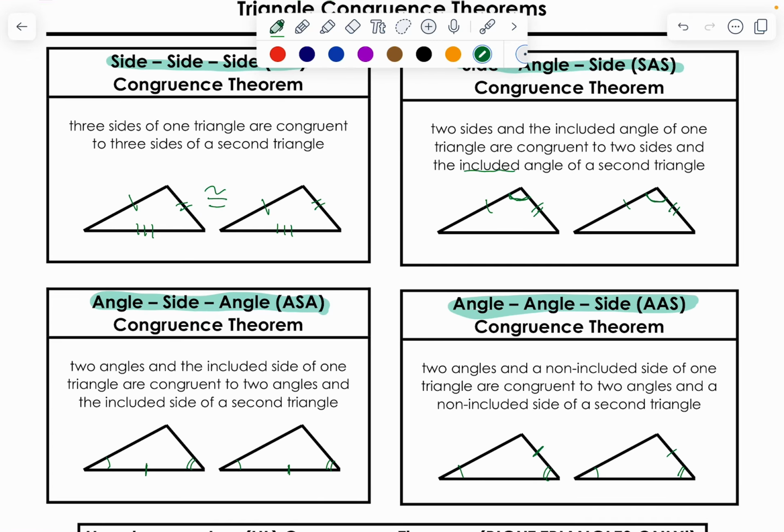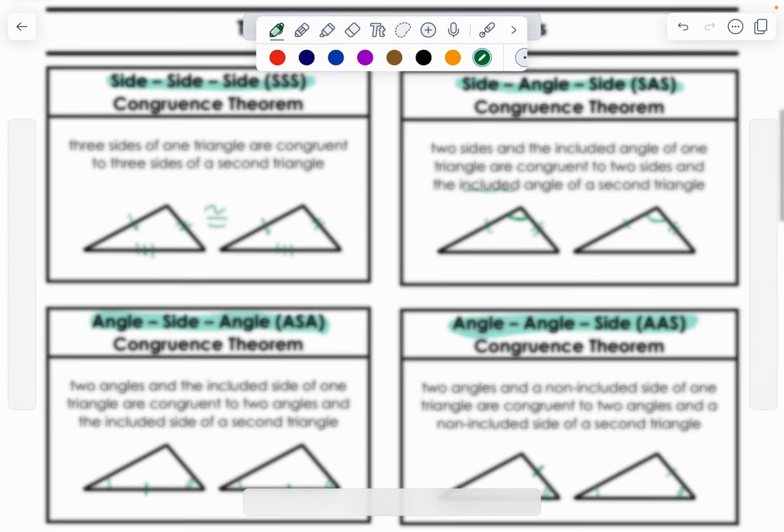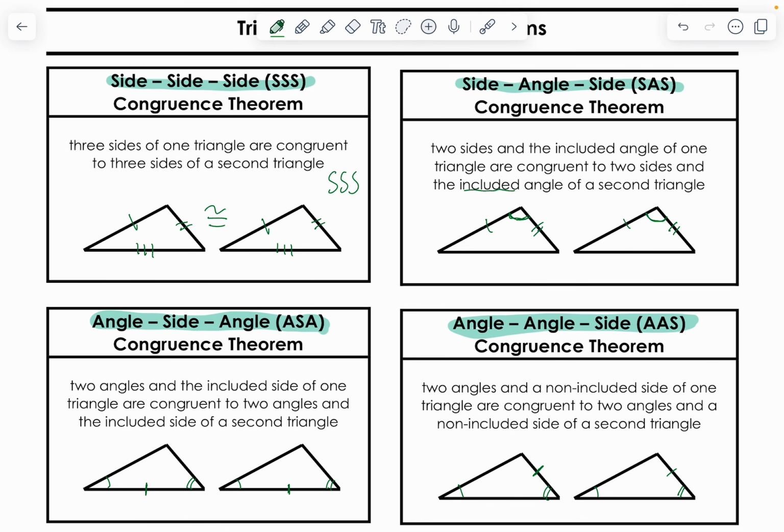And in all of those cases, we don't need all the sides or all the angles. We are just looking at the 3 bits of information from both triangles. For side, side, side, it's triple S, all three sides are congruent from one triangle to the next triangle.